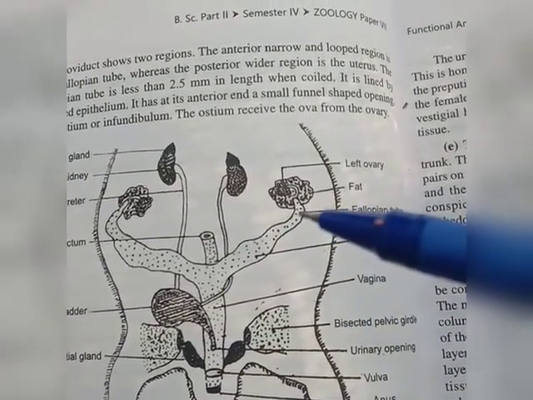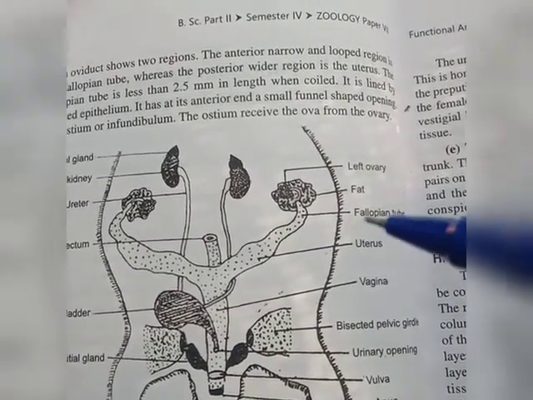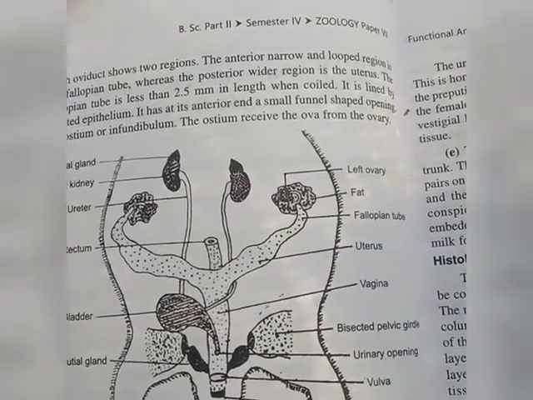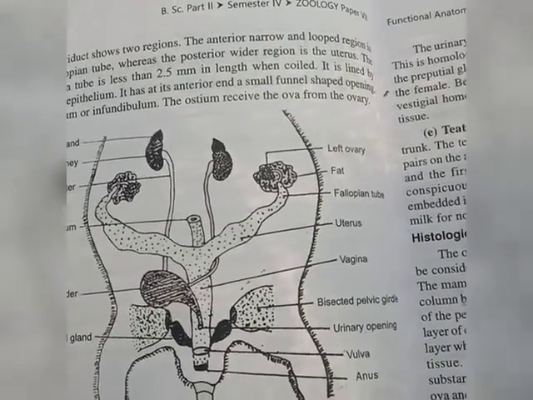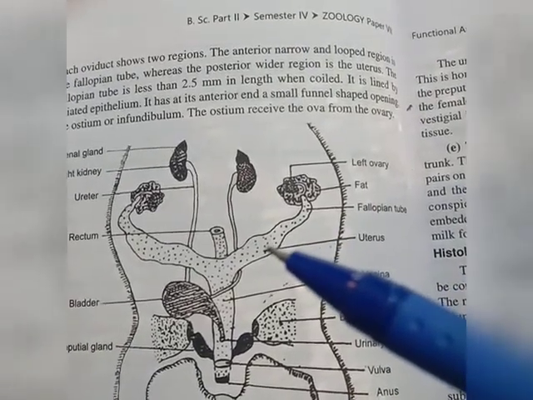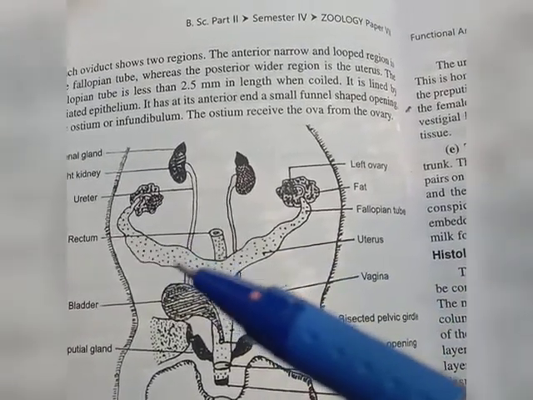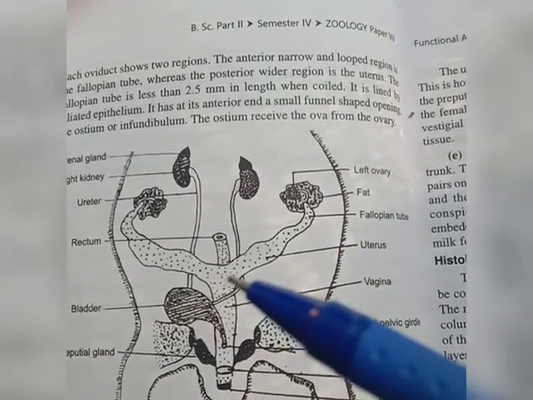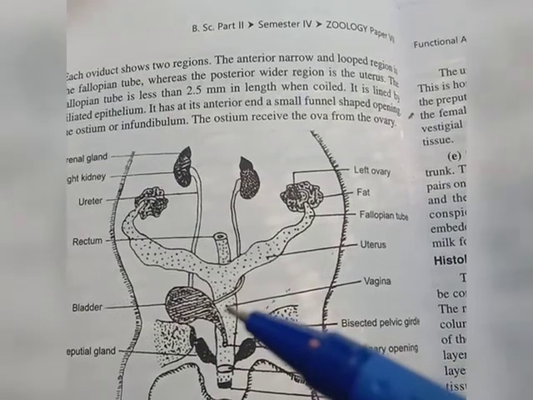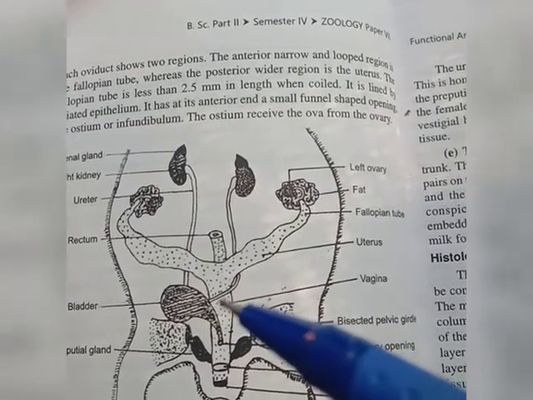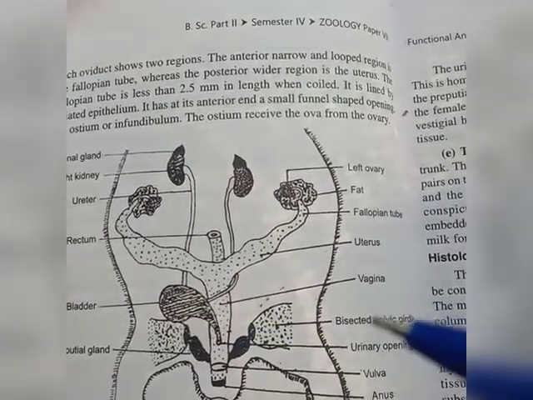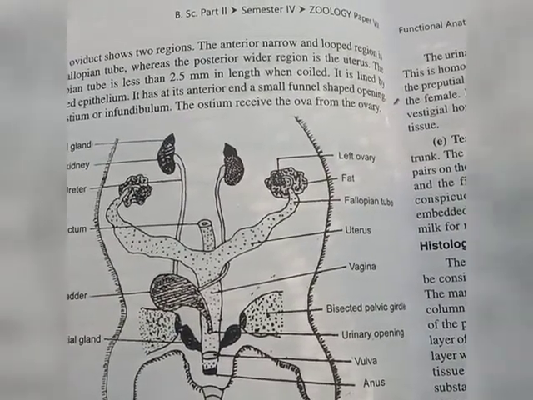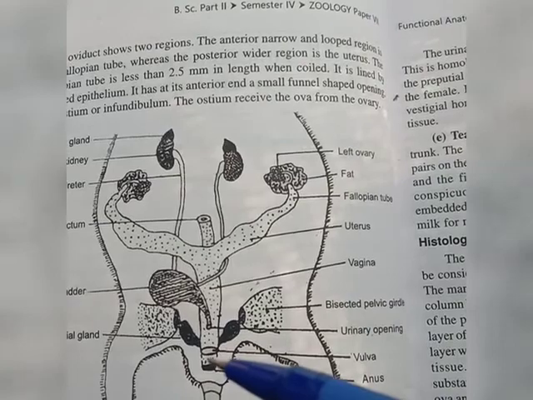The anterior one is the fallopian tube, which is narrow, and posterior one is called uterus, which is wide. And these two oviducts unite to form a common passage which is called the vagina, and this vagina opens outside by an opening called the vulva.